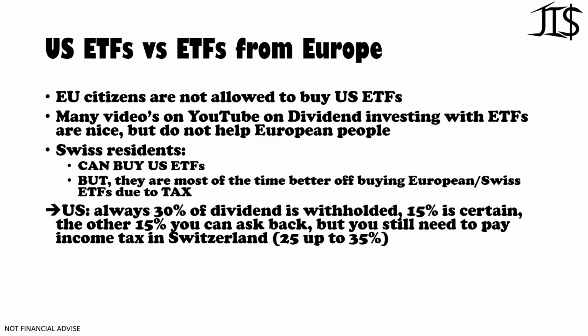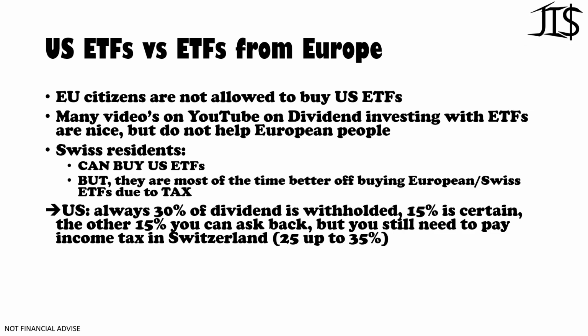And then still, even if you get the 15% back, you still have to pay income taxes on the rest of the dividend that you received from the US ETF. And that can go up to 35%. And 35% is also the dividend percentage that is taken off of the dividends in Switzerland.